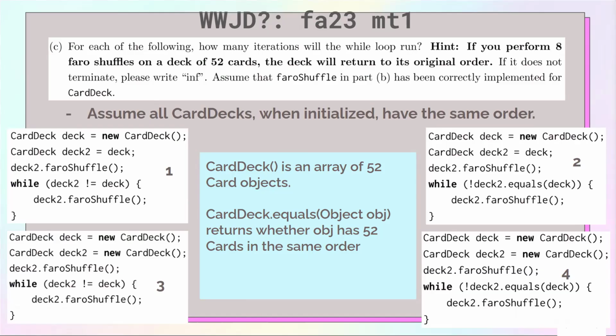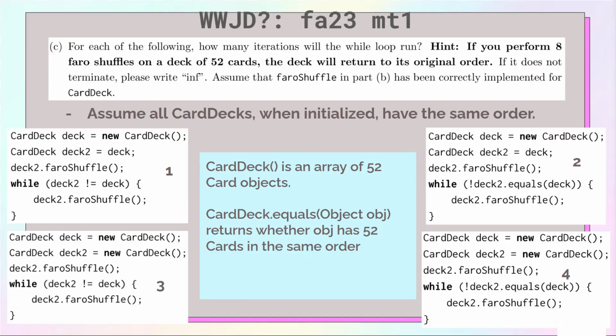So what about part four? I think 7 times. Because the problem says we have to perform 8 shuffles to get it back to its original order. Then we create 2 new objects, and we shuffle deck two one time before we go into the loop.